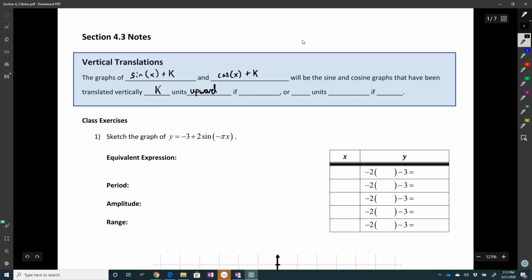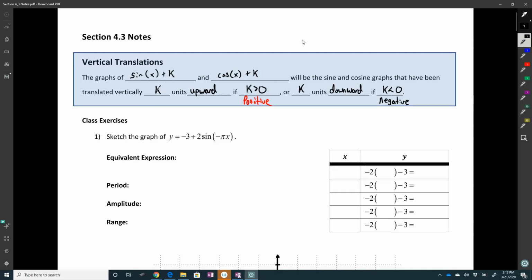And remember, it went up if k is greater than 0. So again, if k is positive, then the graph went up, or k units downward if k is less than 0. And again, less than 0 means negative.